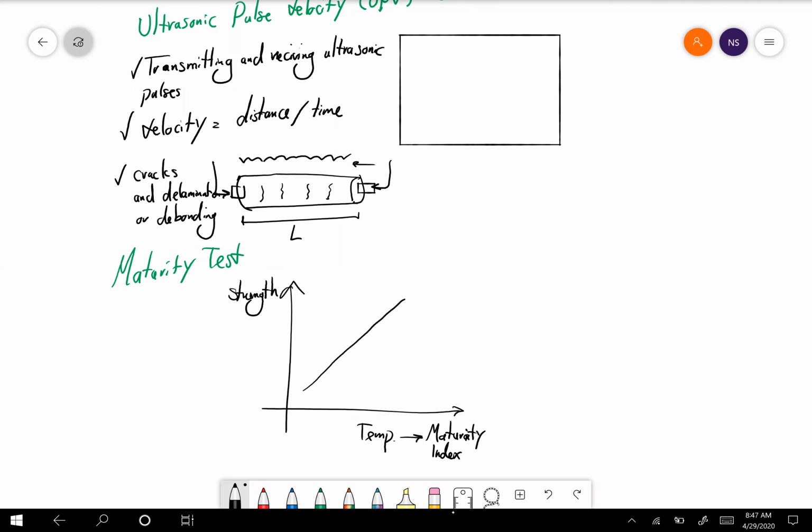So you can basically predict the compressive strength of the concrete by just knowing the internal temperature.